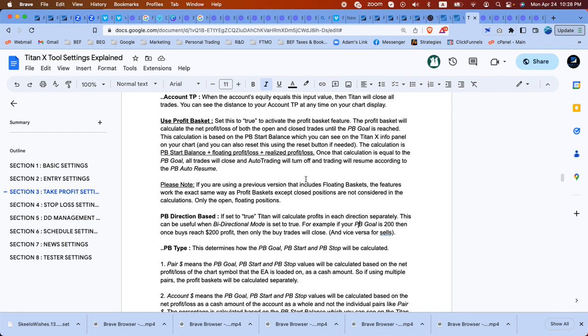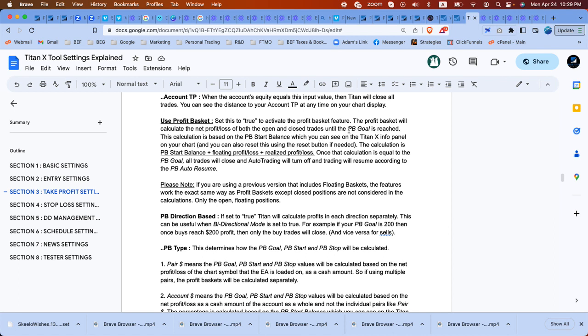One thing I do want to note here, actually we'll get to that in a second. So the calculation is profit basket start balance plus floating profit loss plus realized profit loss. So let's say, for example, you hit equity protector, so you're down $4,000 on a 100K account, but you're floating $3,000 profit.